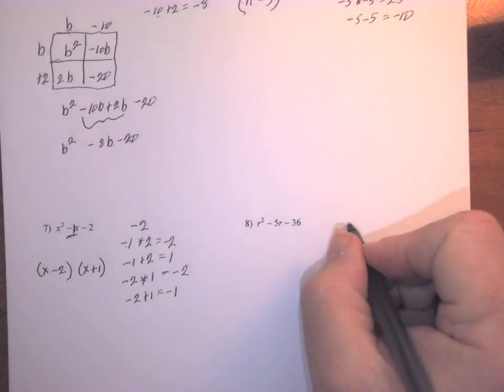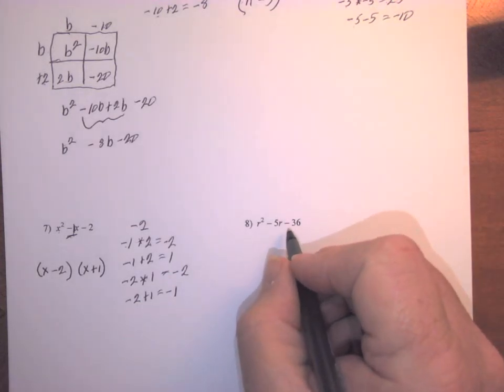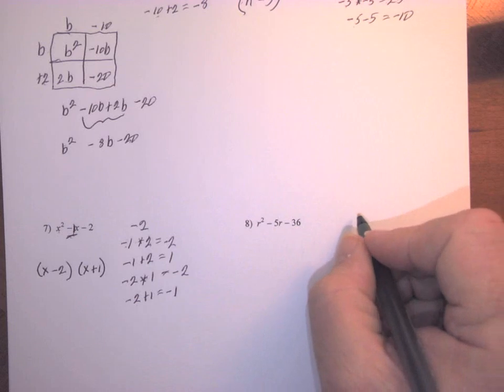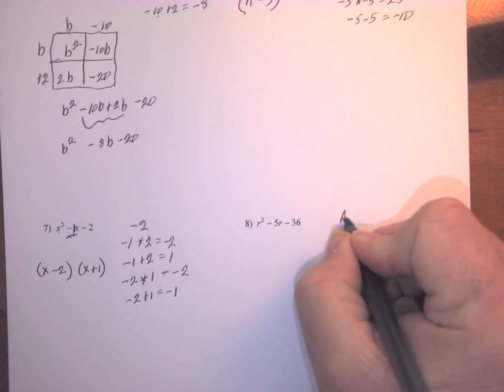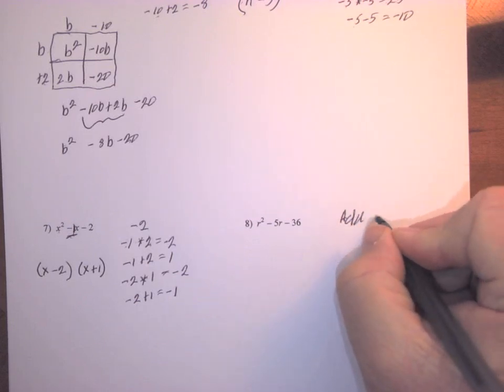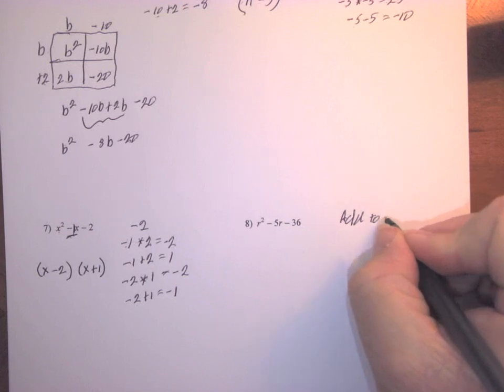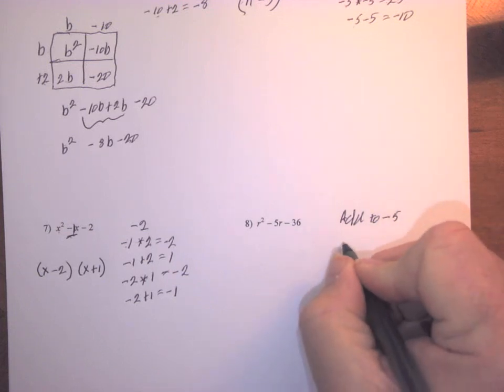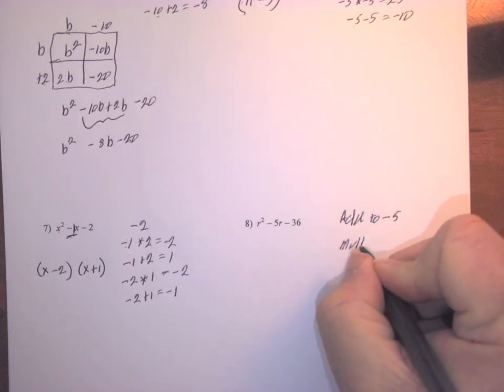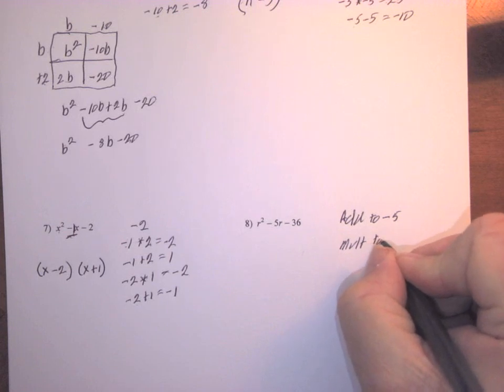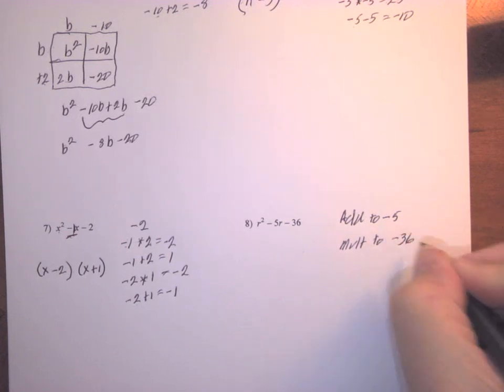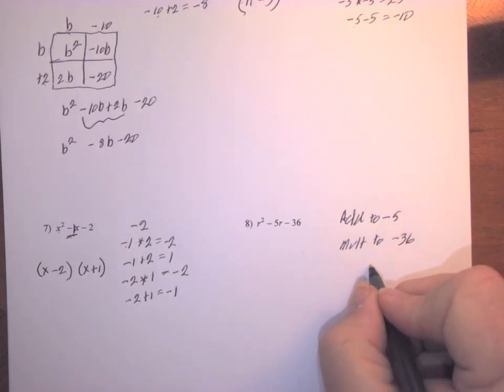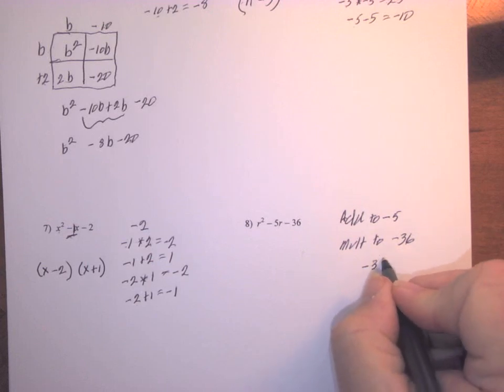We're looking now, remember, for two numbers that add to negative 5 but multiply to negative 36. Okay, well, let's look at negative 36.